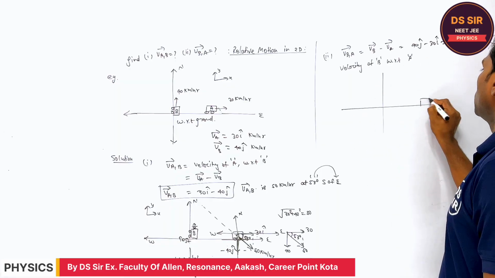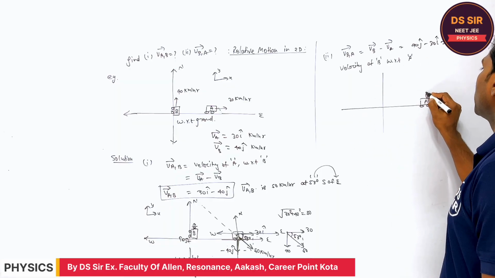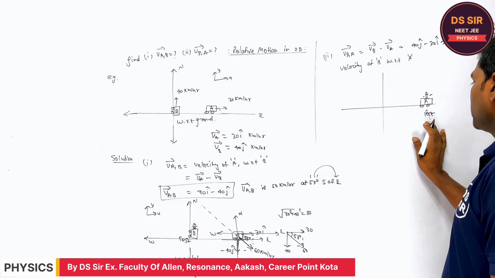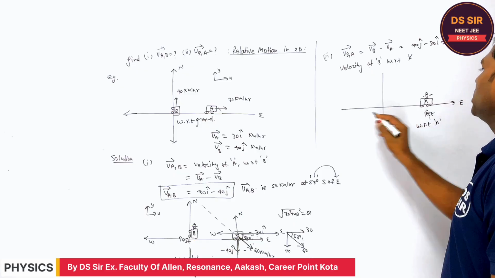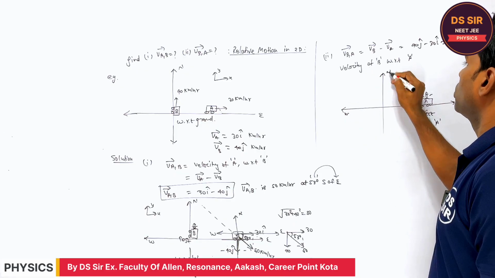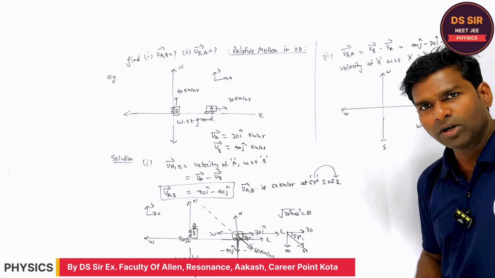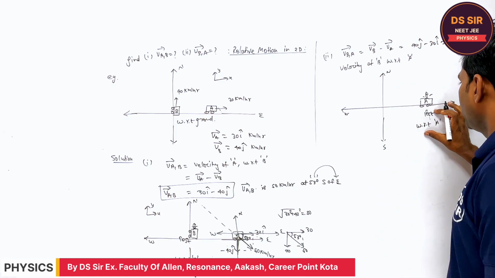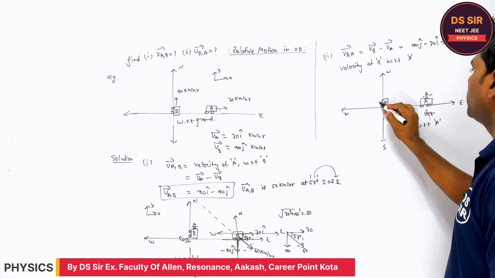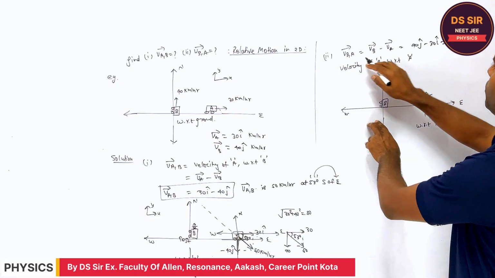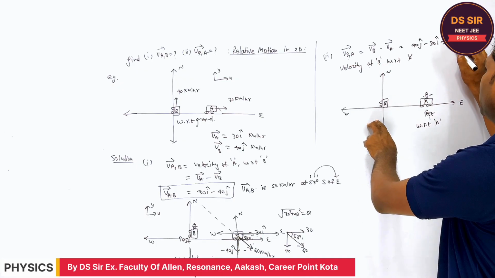So when you are sitting, suppose at A, it is at rest. You are making the figure with respect to A. Suppose this is the east, west, this is the north, and this is the south. Is it clear or not? Now, when A is at rest and you are observing B, the velocity of B with respect to A is minus 30 i.